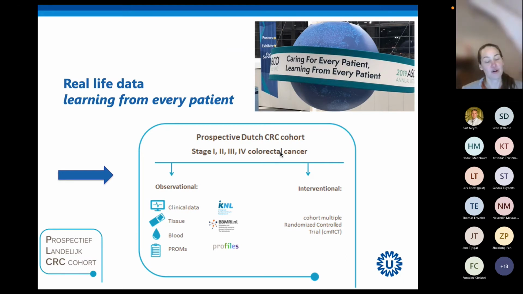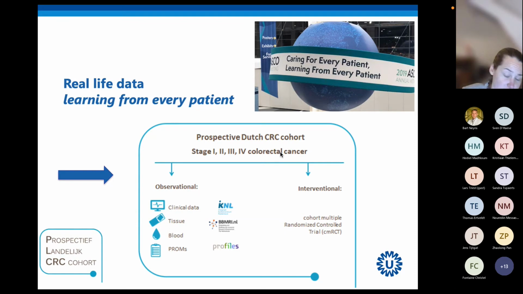Last thing I would like to highlight, which can help us in achieving personalized medicine and optimal selection of patients, is that we need to learn from every patient. So we need to learn from real life data, and not just from the patients treated in trials, because only a fraction of the patients are included in randomized controlled trials. So in the Netherlands, we have the prospective Dutch colorectal cancer cohort, PLCRC.